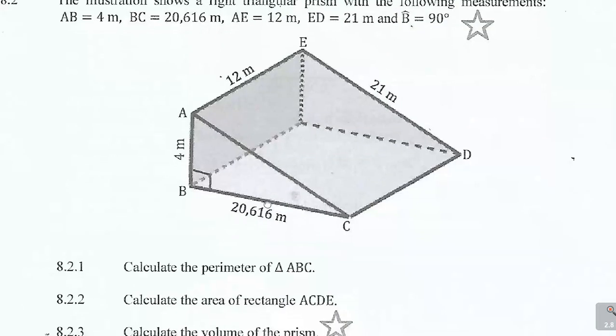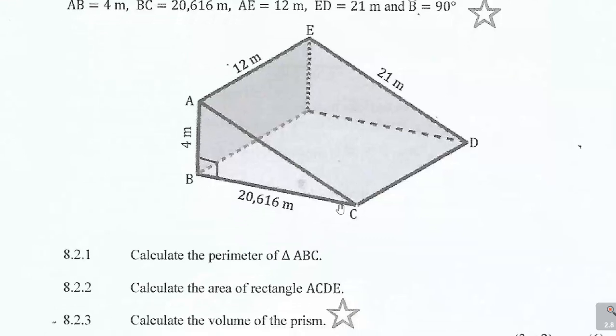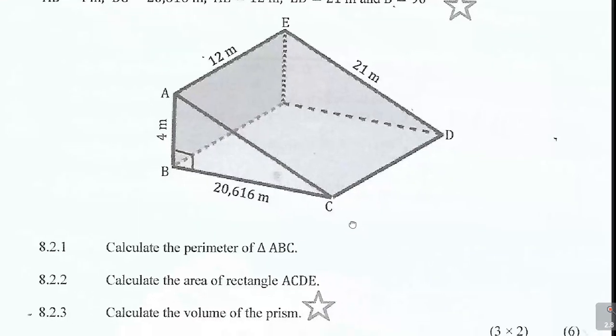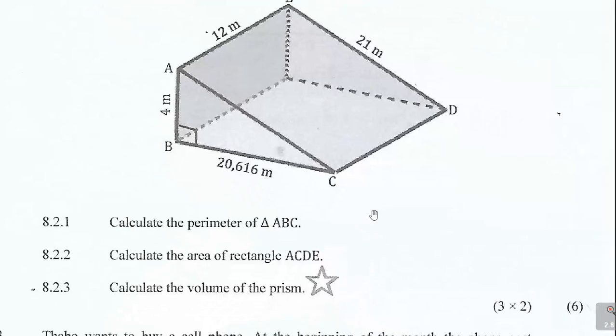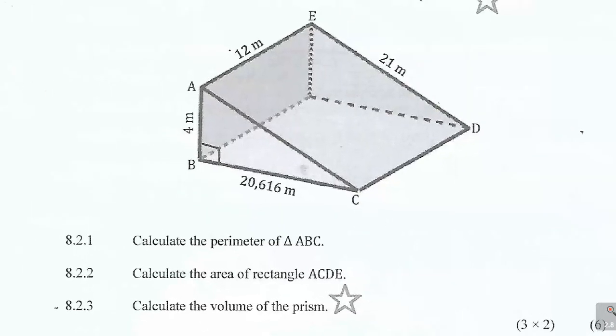Alright, so first one is calculate the perimeter of triangle ABC. Now when they talk of perimeter, this is 3 by 2, so it's 2 marks each. Perimeter is the distance right around the shape, so they are meaning that distance and that distance. You need to add it together.